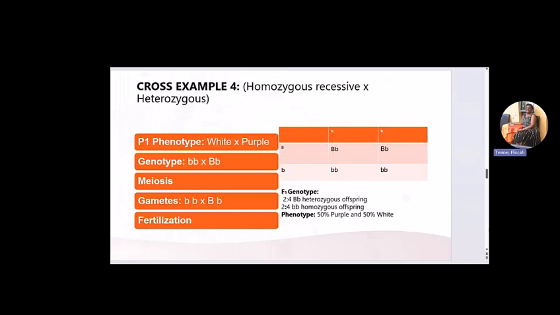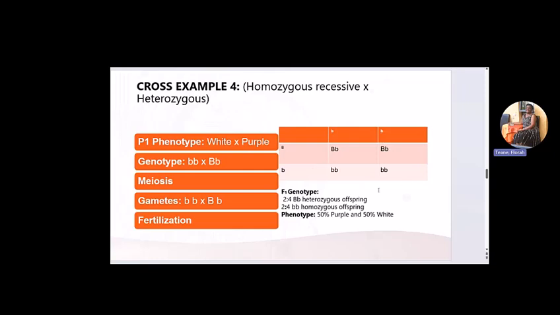This is the last example. We are crossing a plant with homozygous recessive by the one which is heterozygous. Homozygous recessive is small. Remember, I said whenever you see the word recessive, think about using small letter. They are homozygous, they are the same. Heterozygous, it's capital B and small b because they are different.